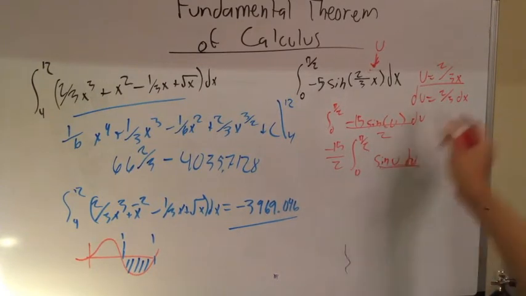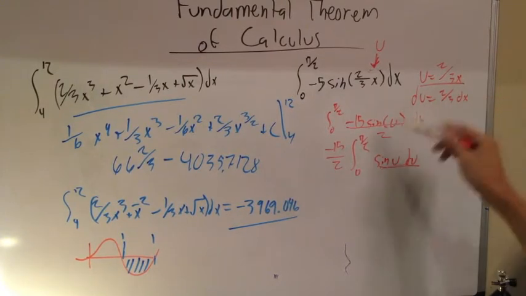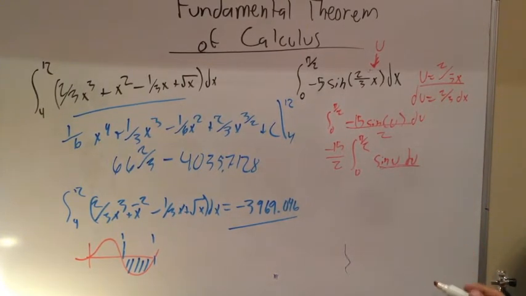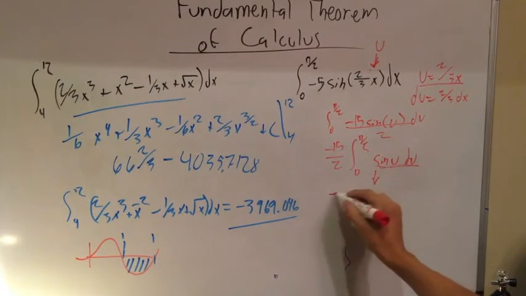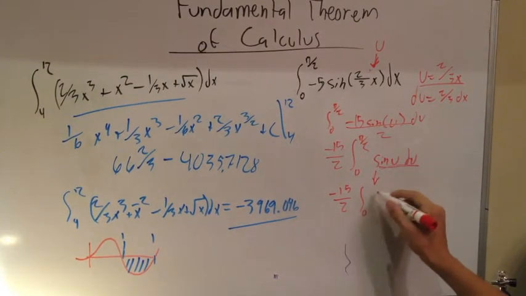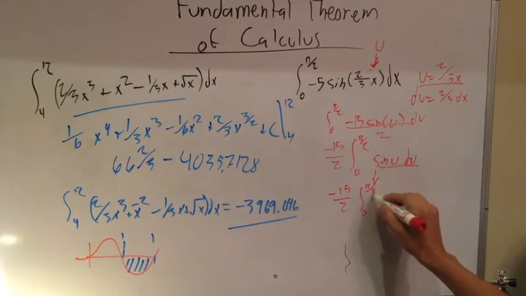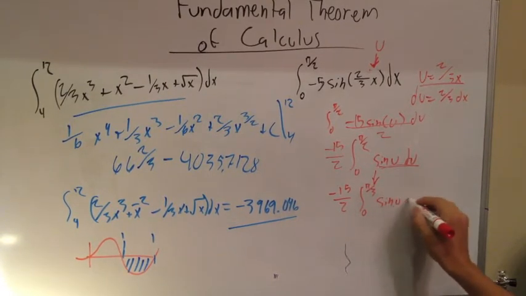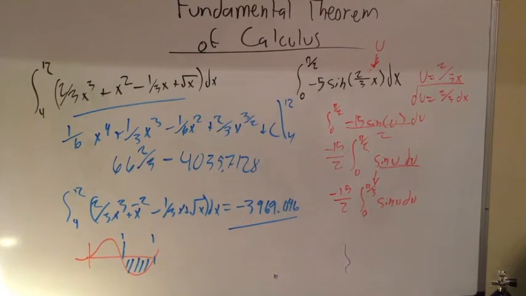But if x equals pi halves, then u equals pi thirds. Now the integral becomes negative 15 over 2 times the integral from 0 to pi thirds of sine u du. And now you can find the integral without any problems using u as your new variable.